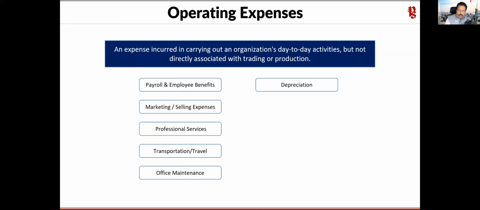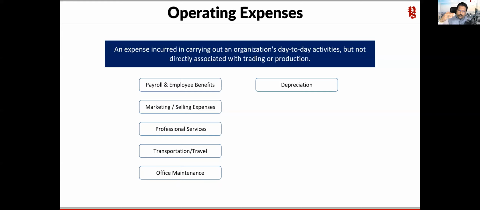Now over a period of time, there is a life expectancy for each asset, right? Some assets might last for 5 years, 10 years, 15 years, right? So why is depreciation allowed by the statute for businesses to claim as expenditure? Actually, depreciation is an expenditure. So why are we claiming that as an expenditure?